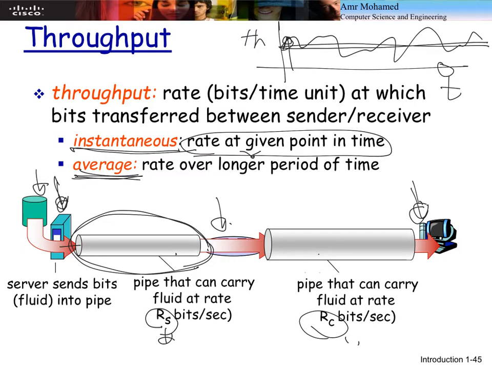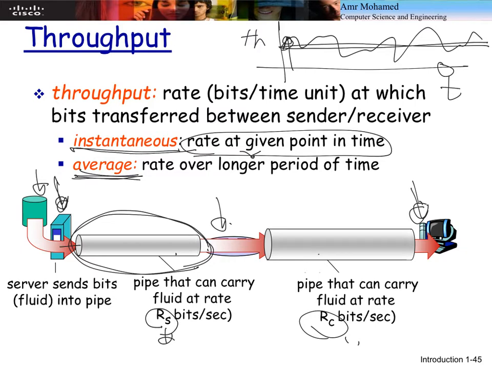The instantaneous throughput: in order to calculate it, some people take a very small, tiny window, not like 10 seconds. You use, let's say, half a second or 0.1 second or something like this. Okay? So within this 0.1 second, you calculate the amount of bits you can transfer end to end, and you divide this over the 0.1 second.